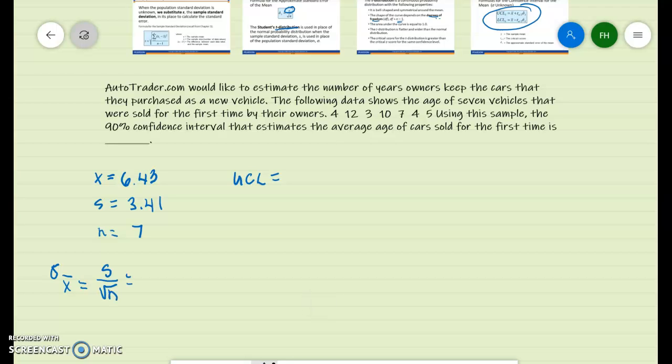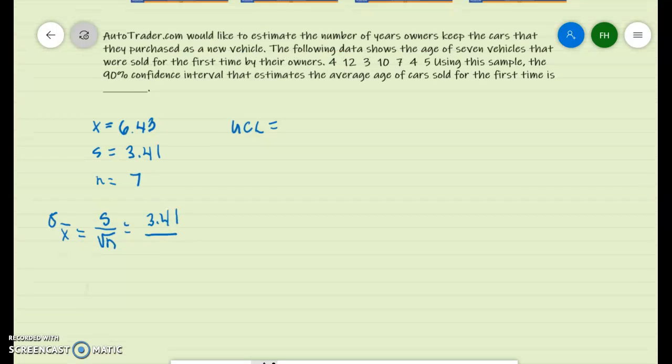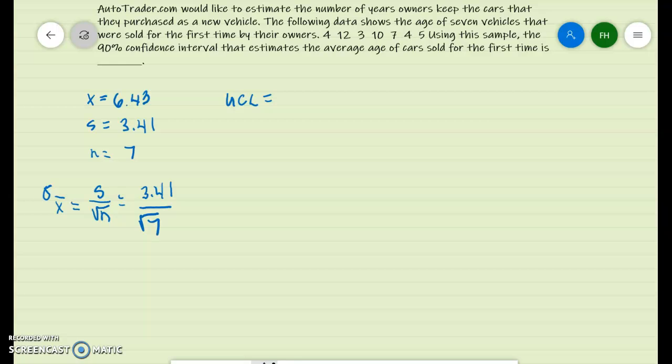So that would be 3.41 divided by the square root of 7. So let's do that on a calculator real quick. 3.41 divided by square root of 7 is, I'm going to round to the second decimal place, 1.29.